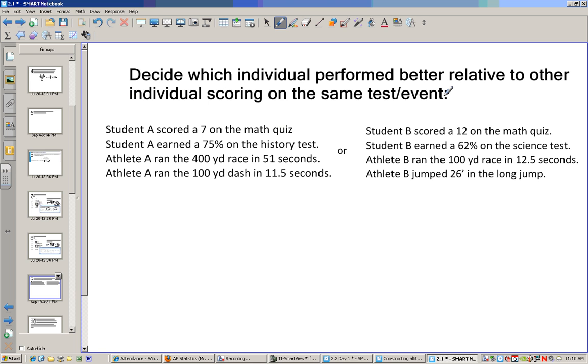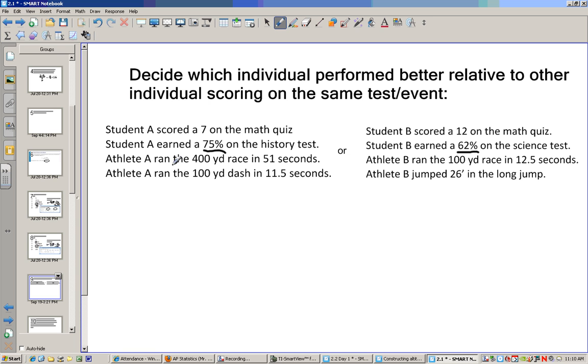However, if they're not the same quiz, we'll need z-scores to see who did better relative to the other people in their class. We could also compare if somebody got a 75% on a history test and a 62% on a science test, which one is actually a better score. This could be an AP Bio class, and this could be an easy history test, and it could turn out that the 62% was much better than the 75%.